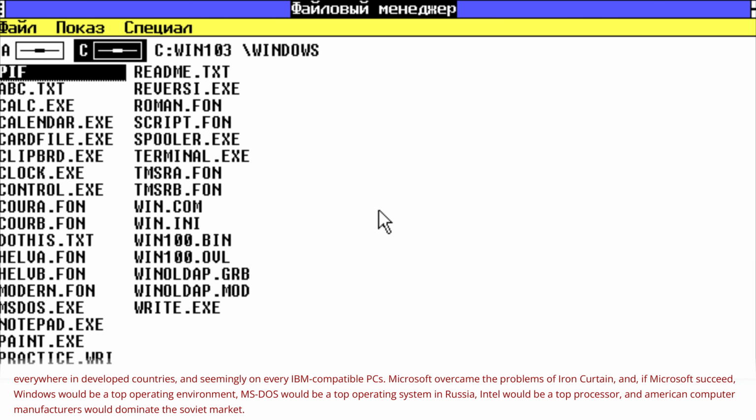Microsoft, essentially, in 1987, had been everywhere in developed countries, and seemingly on every IBM-compatible PC. Microsoft overcame the problems of the Iron Curtain, and, if Microsoft succeeded, Windows would be a top operating environment, MS-DOS would be a top operating system in Russia, Intel would be a top processor, and American computer manufacturers would dominate the Soviet market.